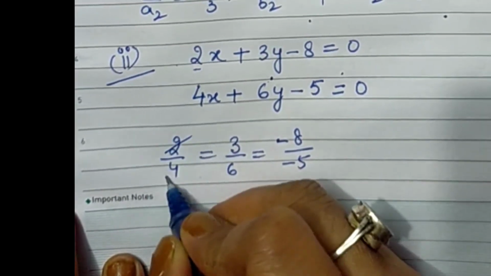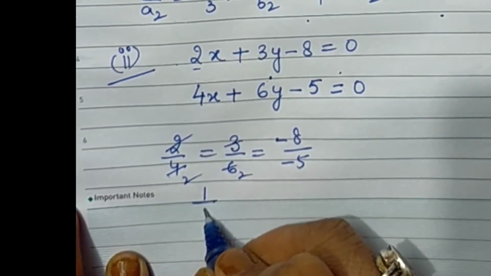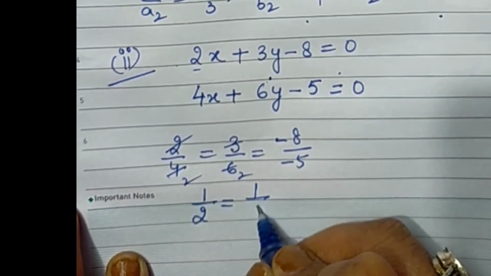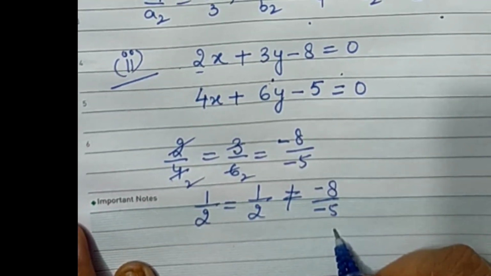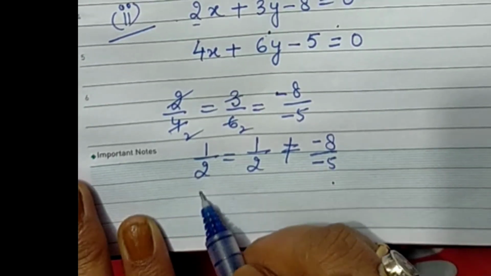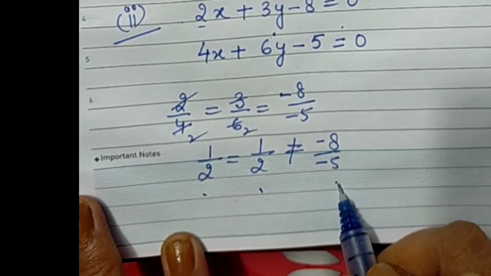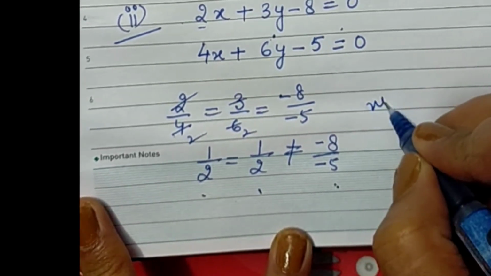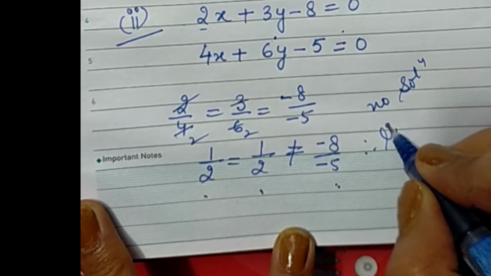So this gets cancelled, but this doesn't get cancelled. That means 1 by 2 is not equal to minus 8 by minus 5. Clearly a1 over a2 is equal to b1 over b2, but not equal to c1 over c2. There is no solution, and when there is no solution, lines will be parallel.